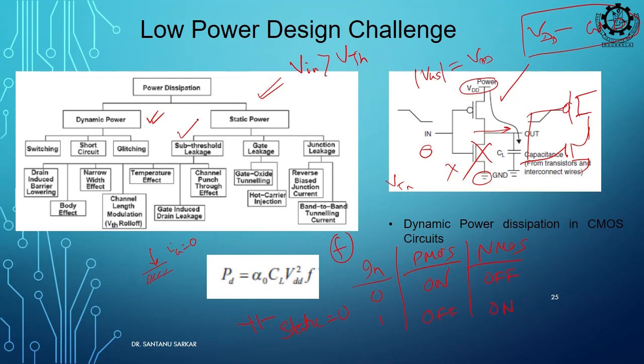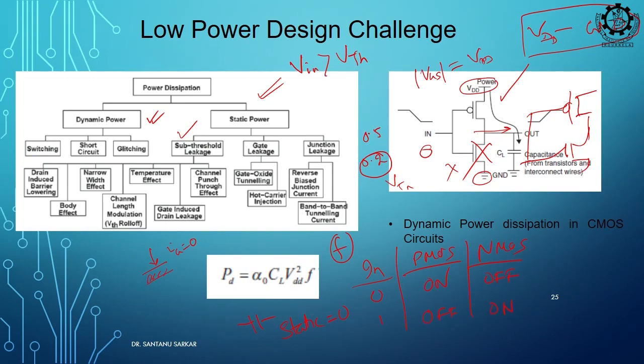Even if it is off, suppose your VTH is say 0.5 volt and the voltage you are giving is 0.2 volt, you say okay, it is off, my input voltage is less than VTH, but still some subthreshold current will flow, right. If we enlarge and check it in the logarithmic scale, you will see that some current is flowing.